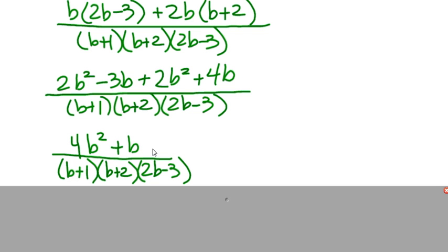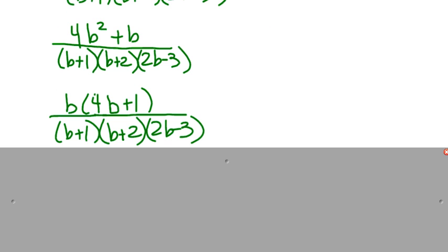Since it's a quadratic, can you use your number pattern, what times what gives you 0 but adds to get 1? Well, here we can see both of them have a b in common, so I could divide out a b. And I would be left with 4b plus 1. So here's our most simplified version of our rational expression.